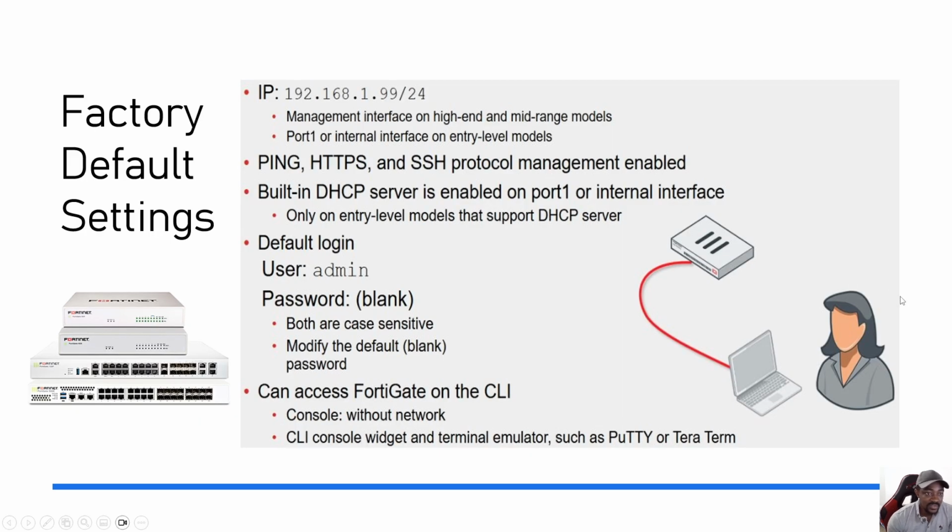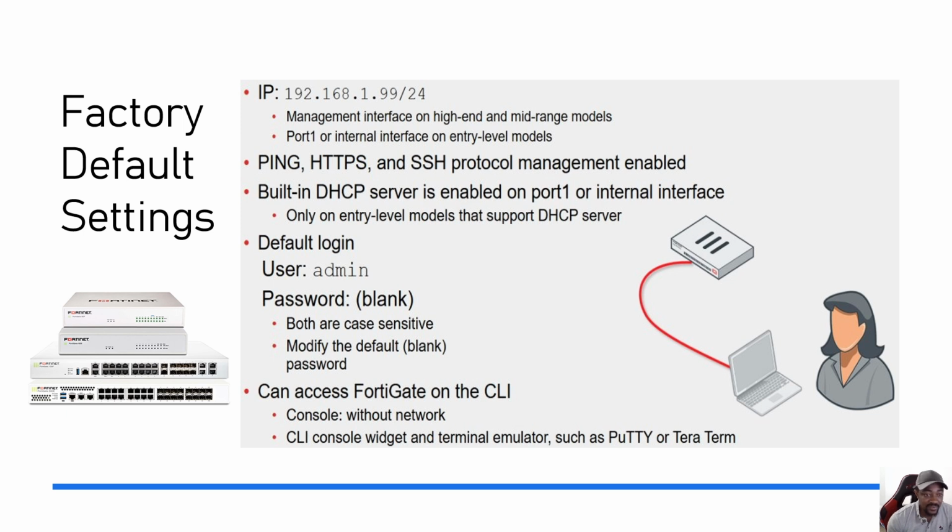So by default, when you get your FortiGate appliance, usually if it's a real device, like the one you buy on the Amazon website or purchase from a store, port one on this firewall is usually configured with a DHCP server.